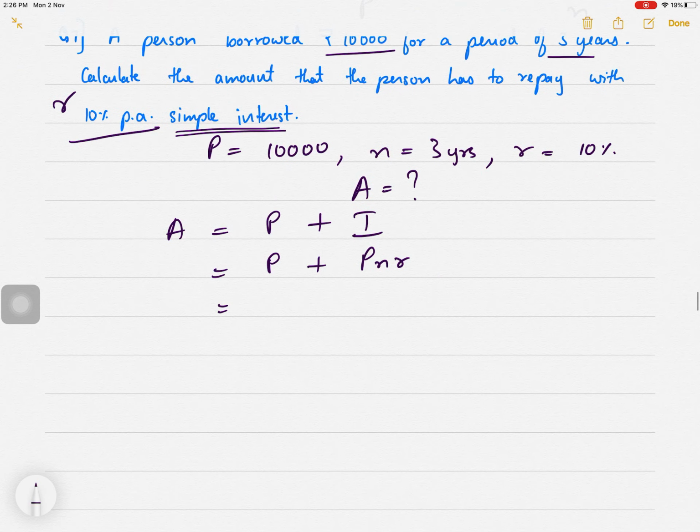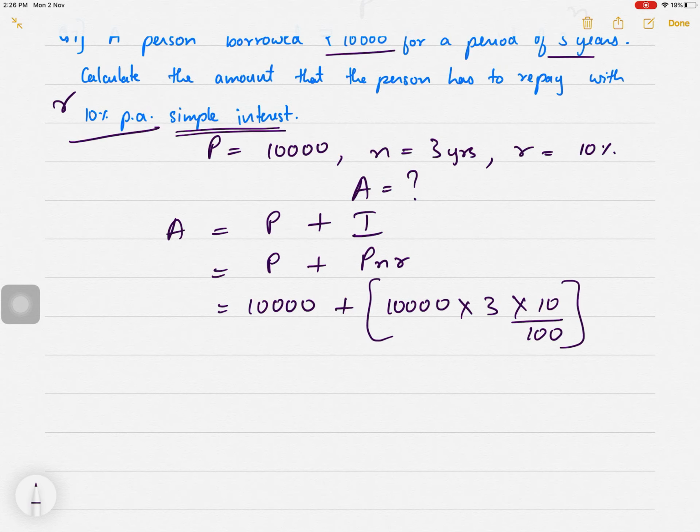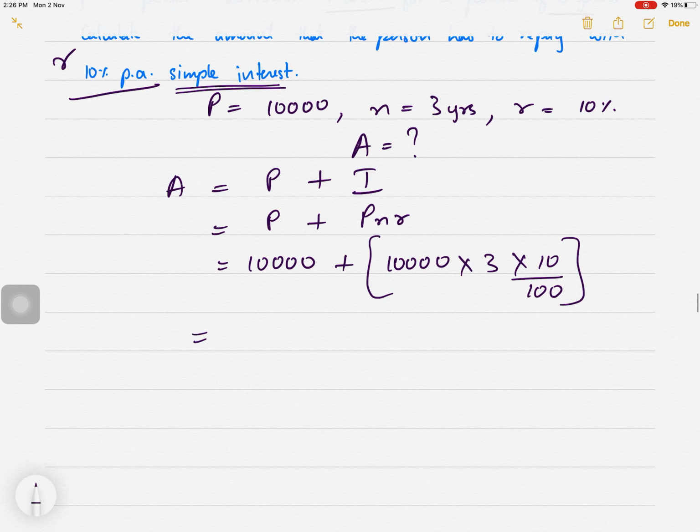Okay, now principal is 10,000 plus 10,000 into N is 3 years, so 3 into rate of interest 10%, so 10 upon 100, right?